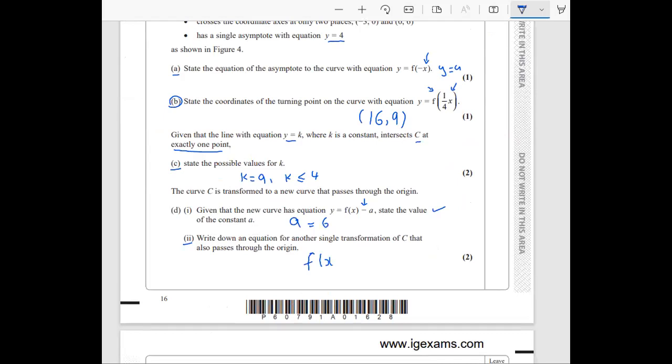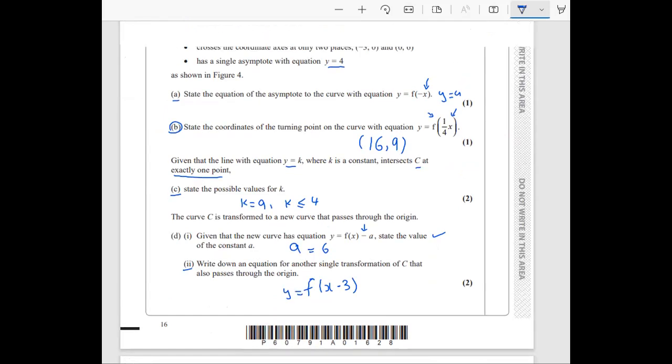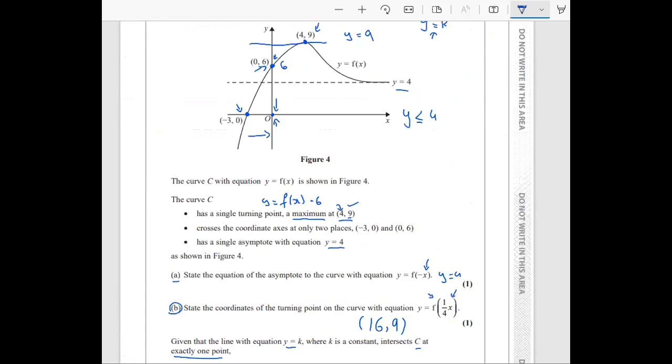No, subtracting 3, it is the other way around. We have to subtract 3 for this. So it is y equals f of x minus 3, because whenever we subtract something inside, our graph will move that many units to the right side.